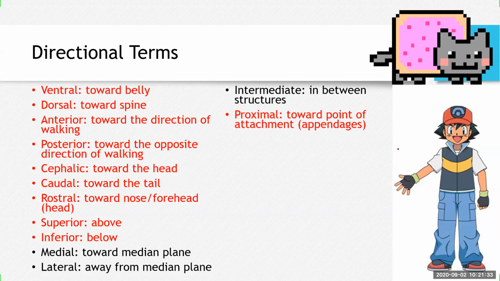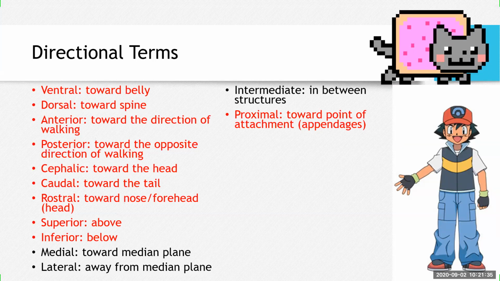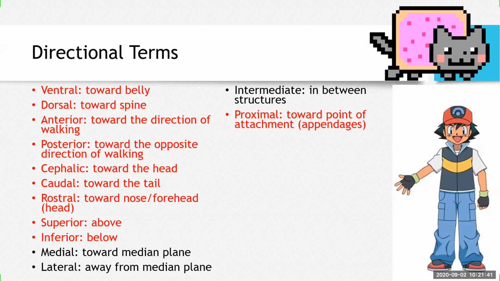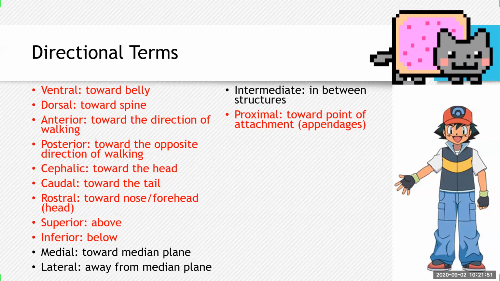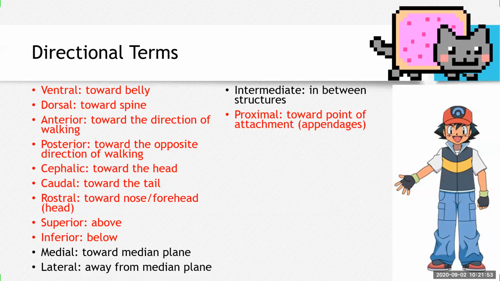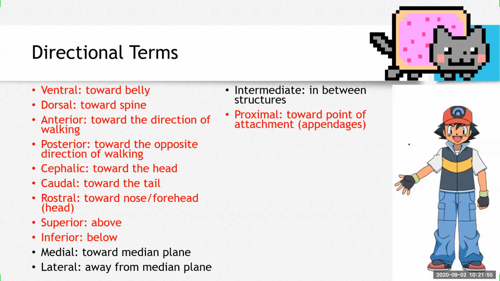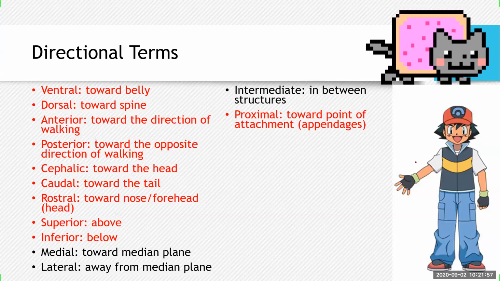We're going to be using these terms on a two-legged animal, for humans. So for the most part, we're going to be using it for a human, but maybe there will be one question or so regarding a four-legged animal, okay? I'm not sure what's on my study guide, but the study guide will be more specific about it, okay?